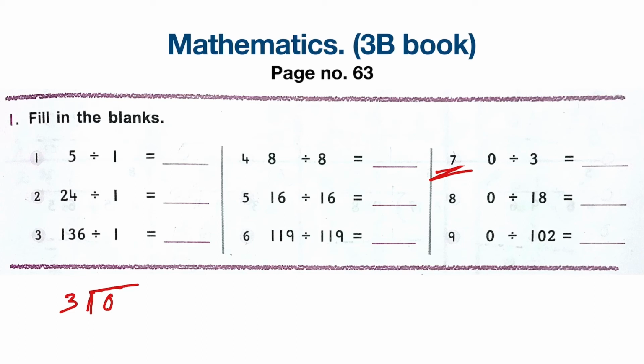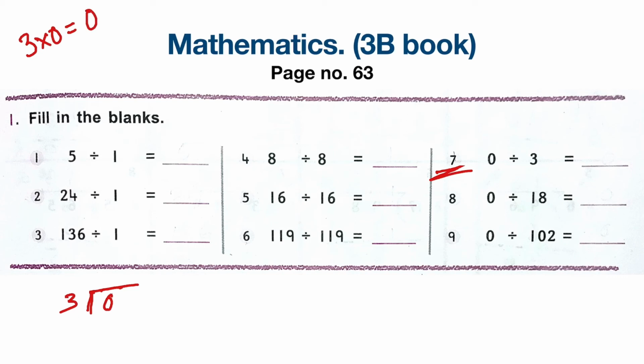1. 3 into 1 is 3, 3 into 2 is 6. So what will be 3 into 0 is equal to, right? So like we have discussed already, okay, in your multiplication chapter, that any number that is multiplied by 0, the answer will always come out to be 0. So in this case 3 into 0, the answer will always be 0.